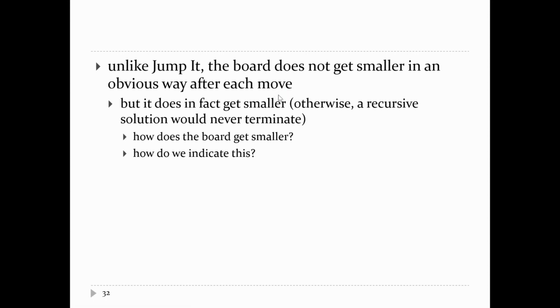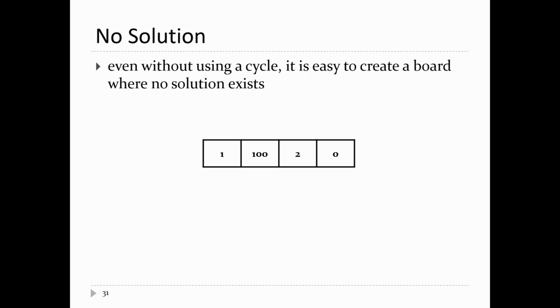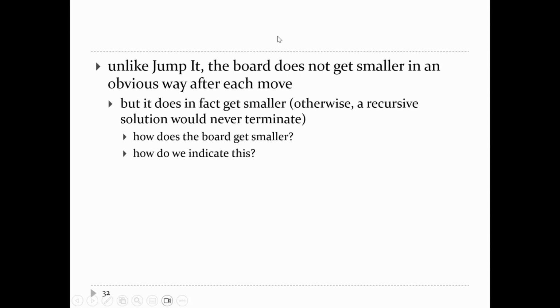In this game, it doesn't look like the board gets smaller every time you make a move, because you can go left or right. But it does, in fact, get smaller. So how does the board get smaller?